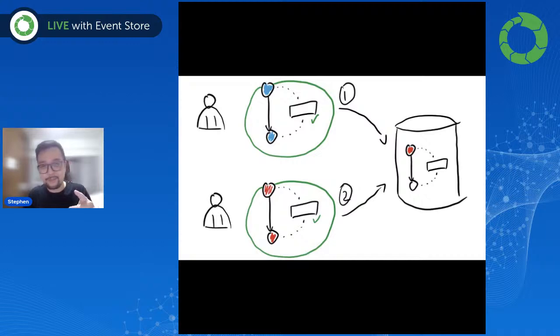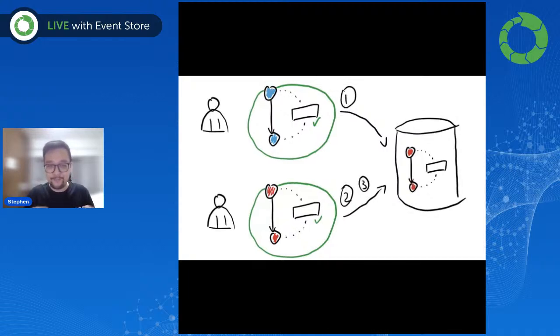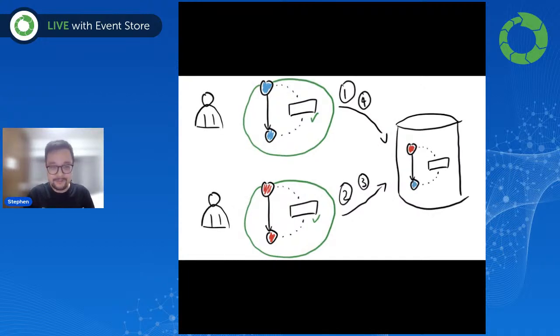Then, since maybe the network for user one is a little laggy, user two is able to save his second value to the database next, which then subsequently gets overwritten by user one after its network recovers. With this sequence of events, due to the unreliability of the network, you can see that the rule in the database is actually broken. And so the data got corrupted and is inconsistent.